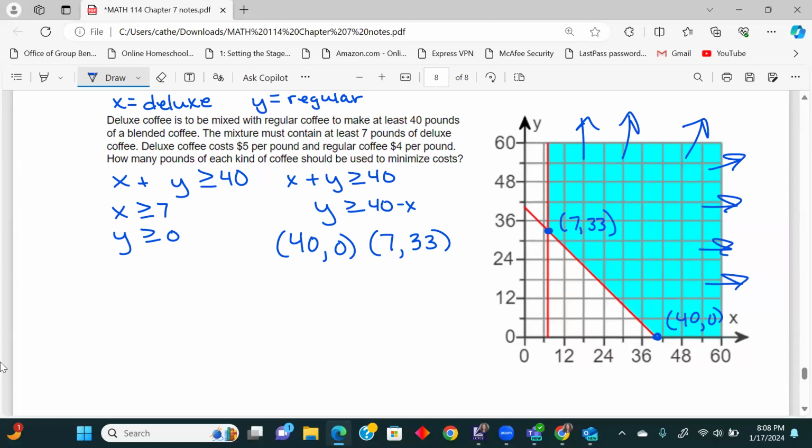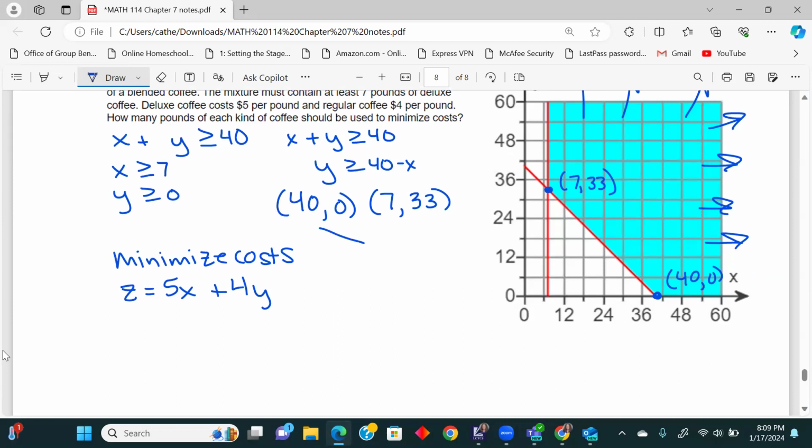All right. So what do we want to do here? We want to minimize cost. So we want to minimize 5x plus 4y because it costs $5 for the deluxe coffee and $4 per pound for the regular. So let's plug in. These are our corner points.